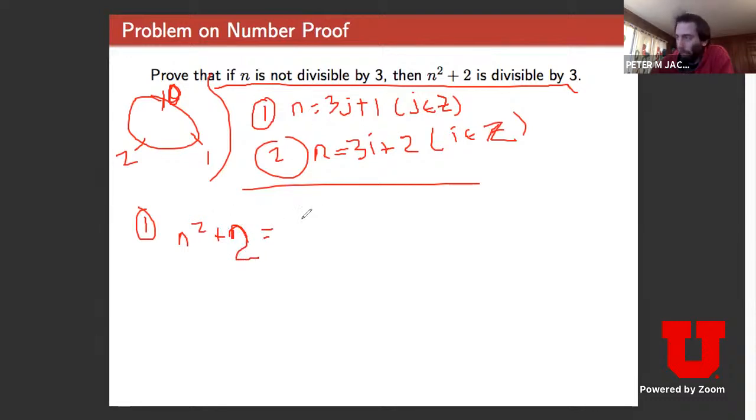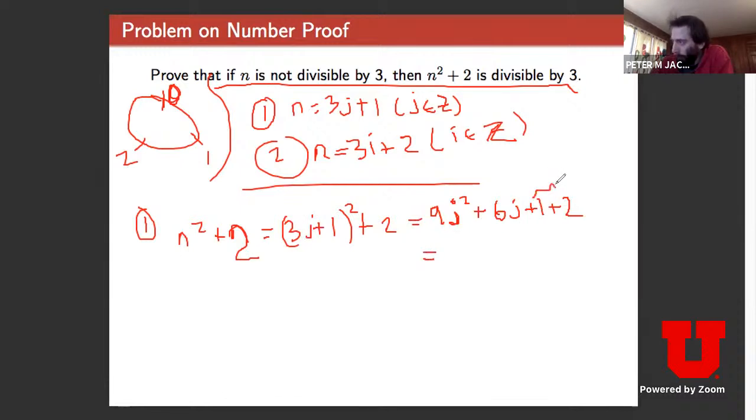So we plug in what we know, 3j plus 1, and then we are adding 2 to it. This is a square, and then we add 2. Okay, so let's do some distributing. So this is going to be 9j squared plus 6j plus 1 plus 2. All we did was distribute the 3j plus 1 squared.